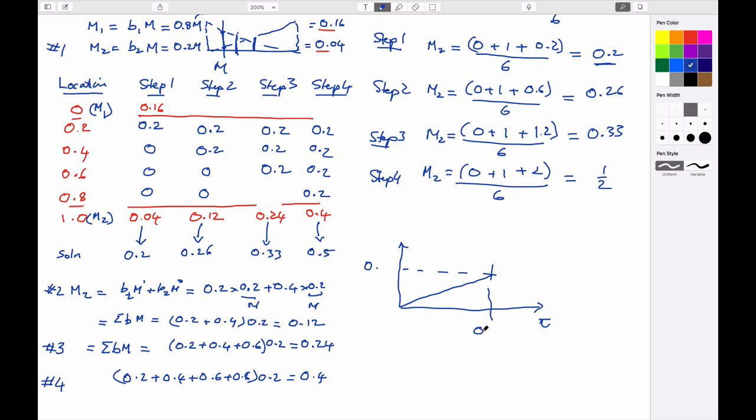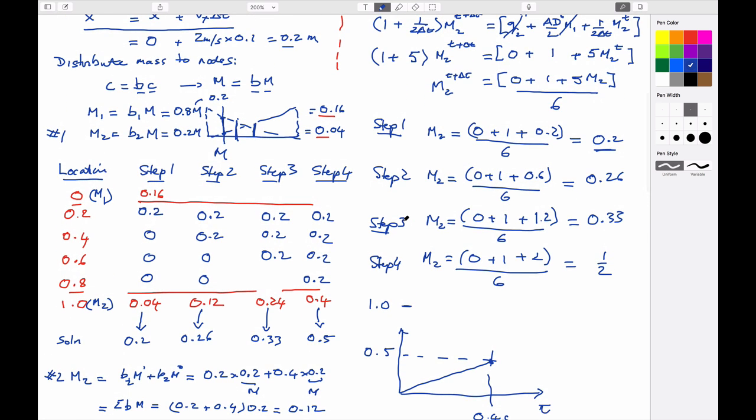This is 0.4 seconds, then the value of this is equal to 0.5. Ultimately, it should go up to 1. And so is that physically likely to happen?